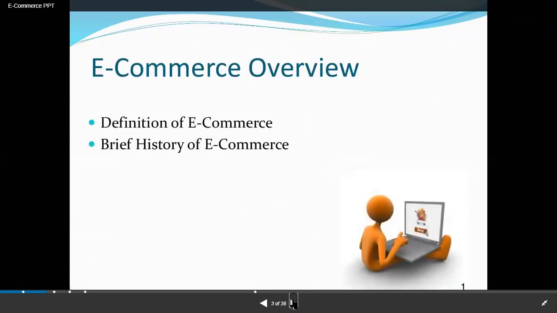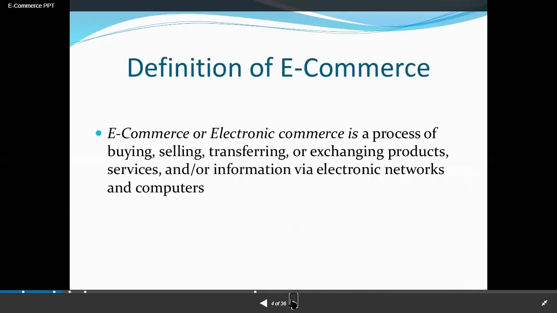So let's start with the e-commerce overview, with the definition of e-commerce and a brief history of e-commerce. E-commerce is a process of buying, selling, transferring or exchanging products, services and information through electronic networks and computers.